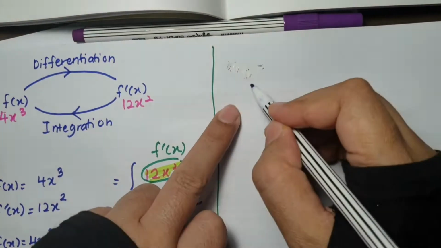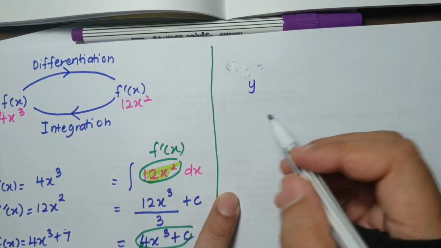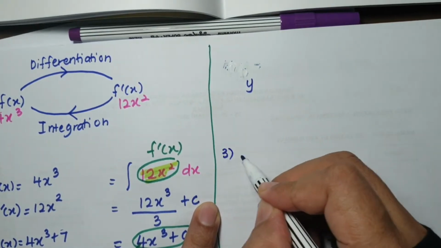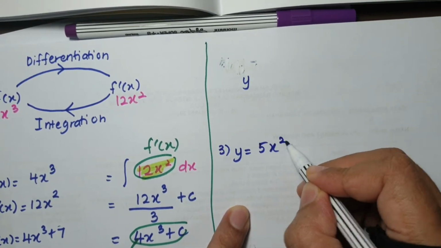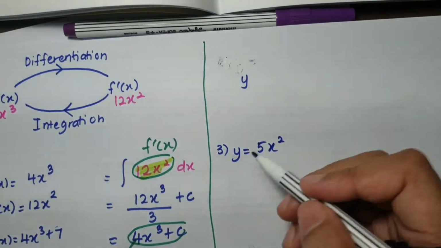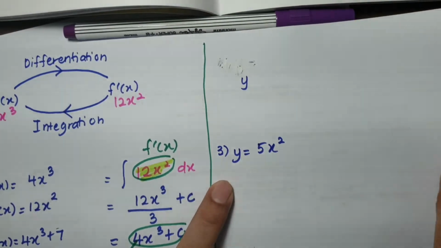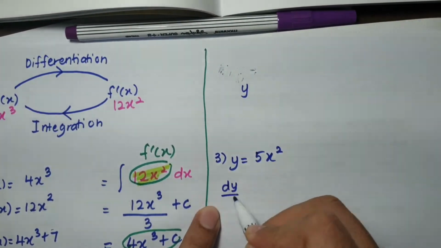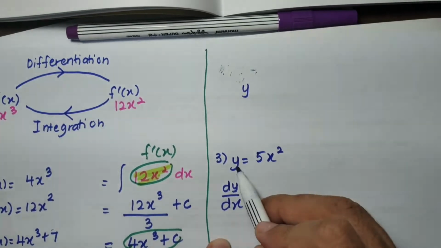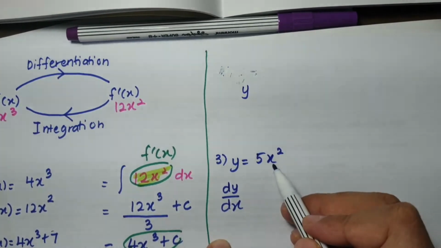Let's say you have function y equals 5x squared. If you differentiate this function, the first derivative is written as dy by dx, because this function is in terms of x.